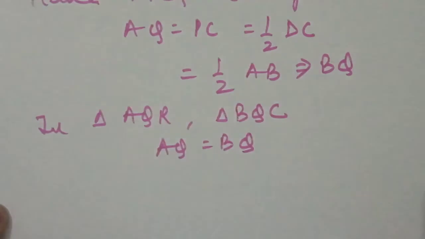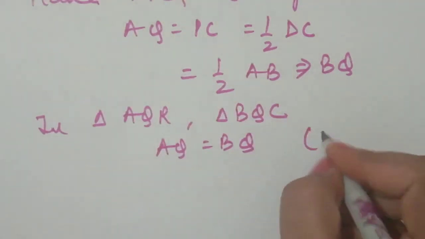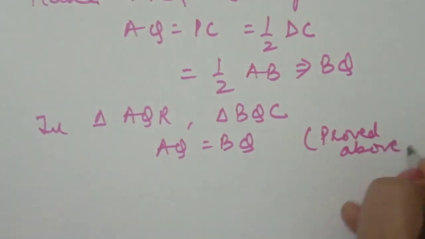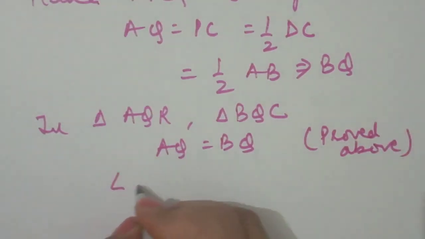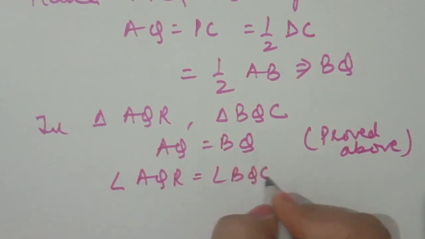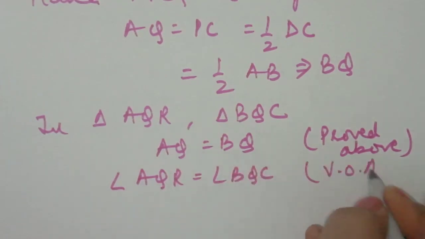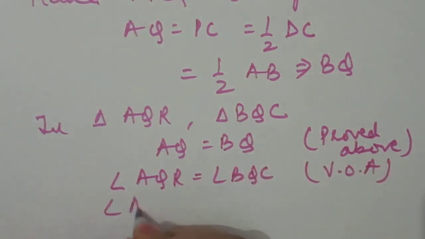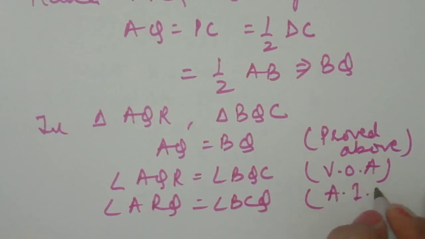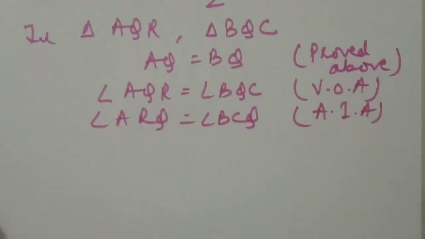So AQ is equal to BQ, proved above. Angle AQR is equal to angle BQC, vertically opposite angles. Angle ARQ is equal to angle BCQ, alternate interior angles.